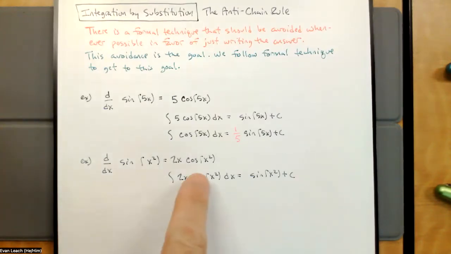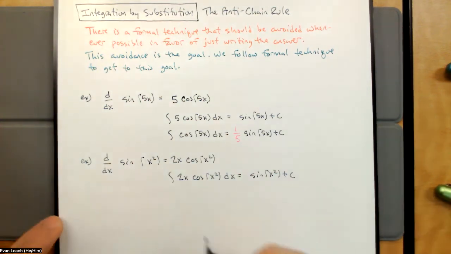If 2 times 3 is equal to 6, then 3 is equal to 6 divided by 2. The 2 part is no problem because that's a constant times our function.